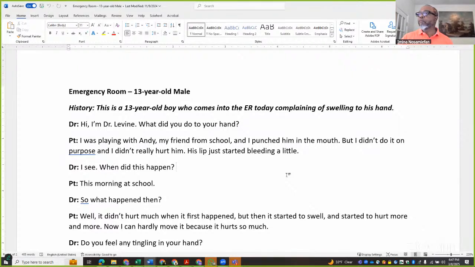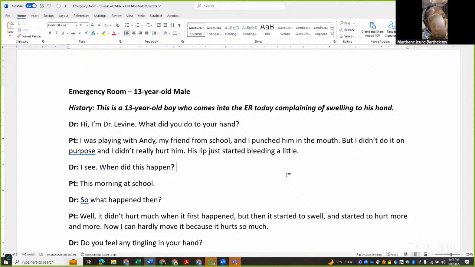Okay. I can see the whole text. What do you mean you can't see the whole text? There is a part of the first line that is hidden to me. You have to pinch your screen if you're on the phone. There's something on your end. It's not on this end.